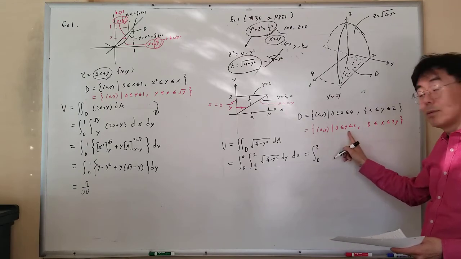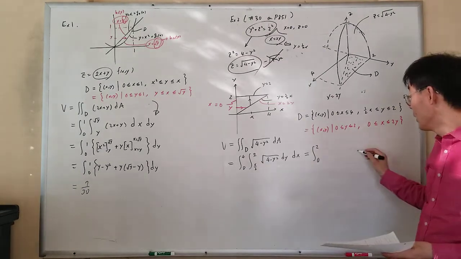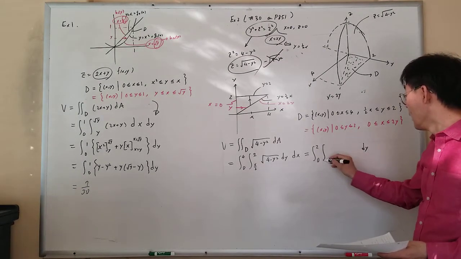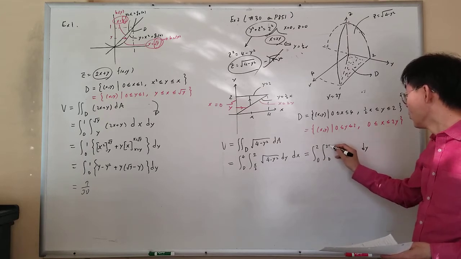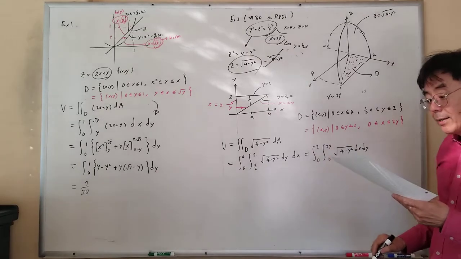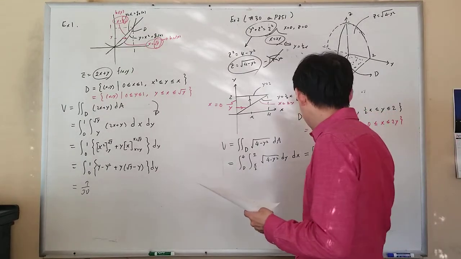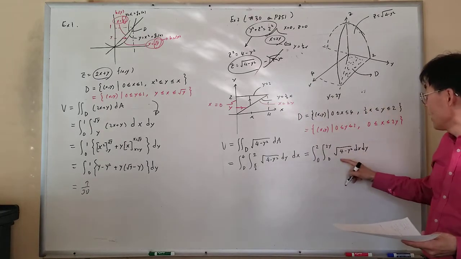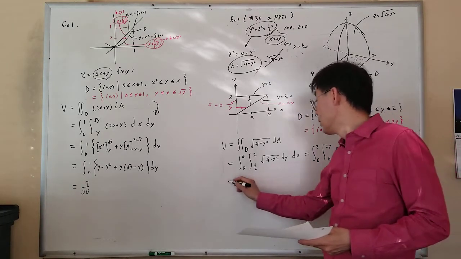As a type 2, iterated integral y from 0 to 2 dy, x runs from 0 to 2y dx of this function. And then if you do that, what is it? With respect to x, this is constant.